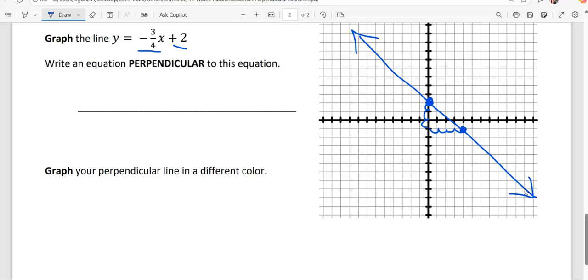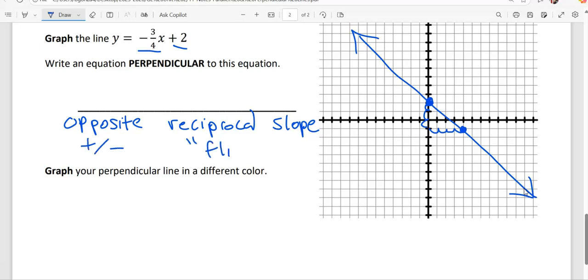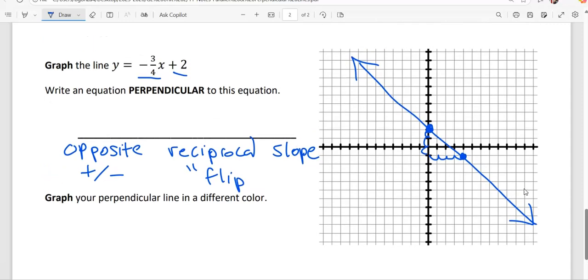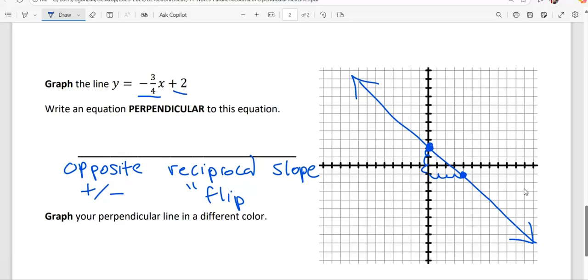All right, so perpendicular. Let's remember from the opposite side that perpendicular has opposite reciprocal slope. You change the positive negative sign and you flip the fraction. So let's try that over here. Negative 3 over 4.